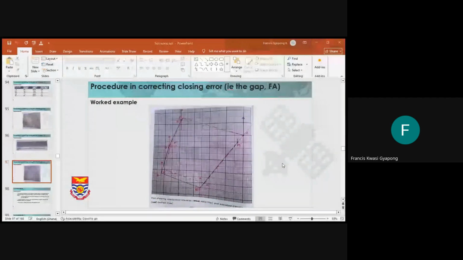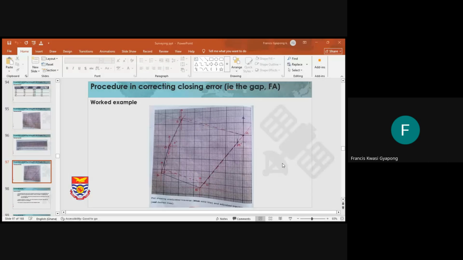It is correct. So when you adjust, the adjustment will give you a straight broken line. I hope you understand that. That is a perfect observation. It tells me that some of you are meticulous.